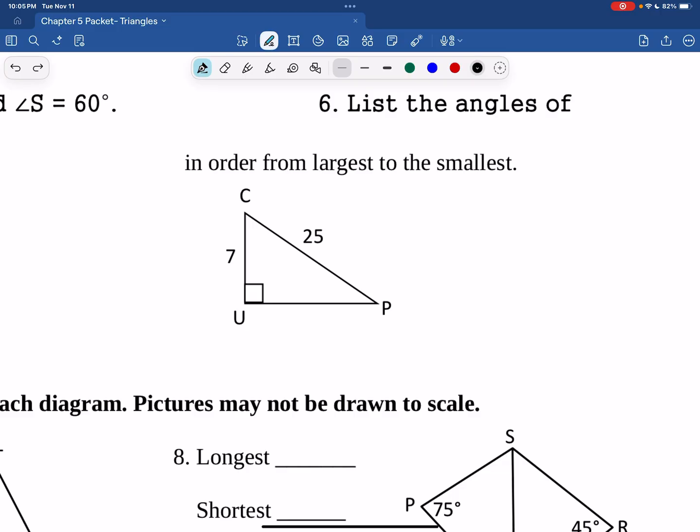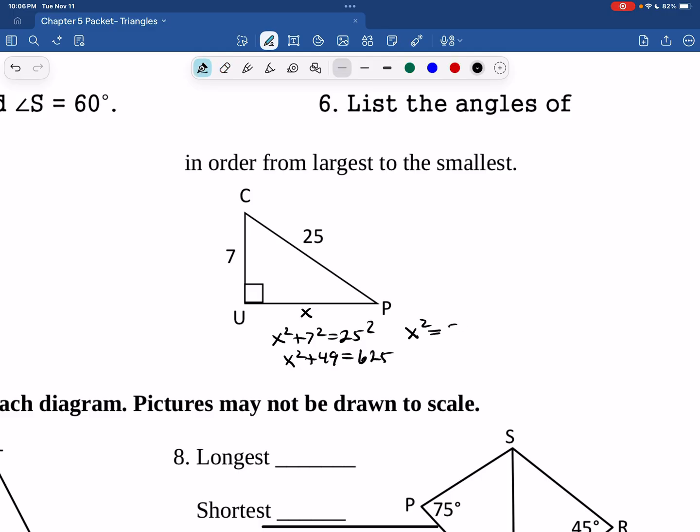So the first thing we're going to do is we're going to call this x, and we're going to say x squared plus 7 squared is 25 squared. So this is going to be x squared plus 49 equals 625. Subtract 49 from both sides, so x squared is going to be equal to 576. My bad.